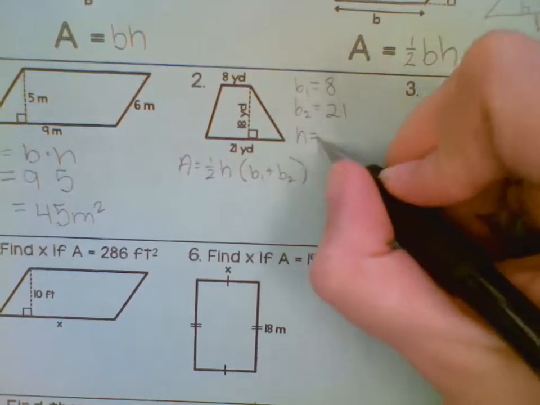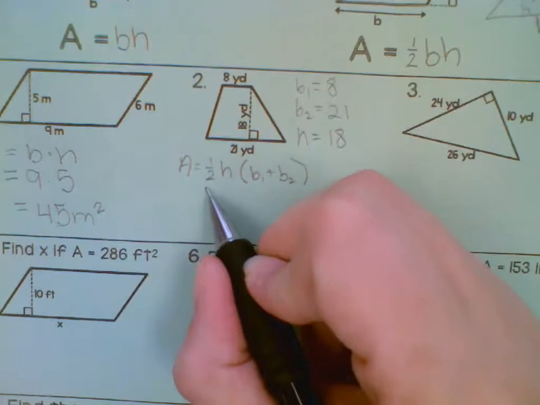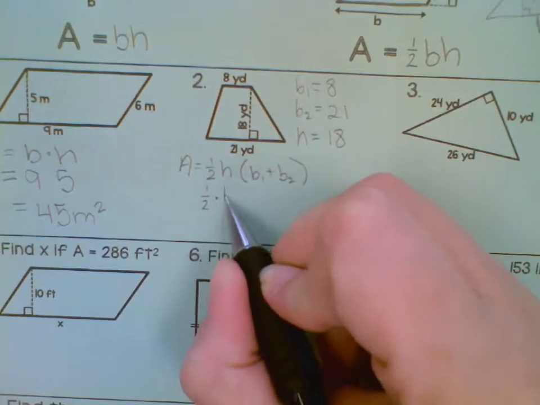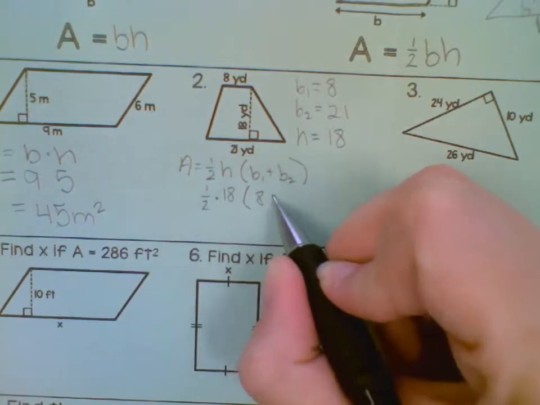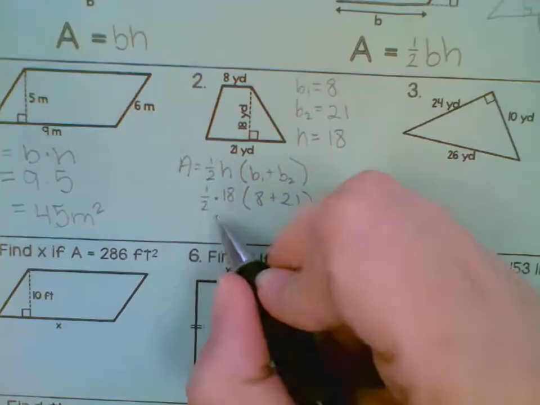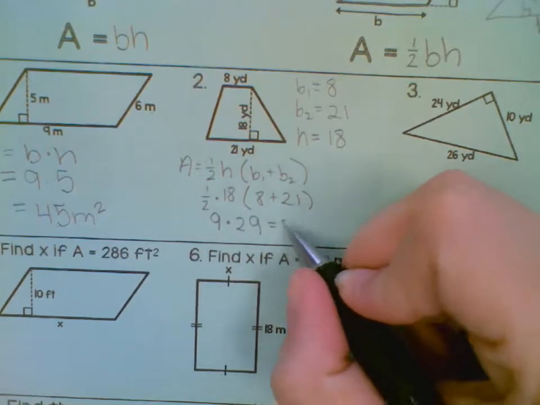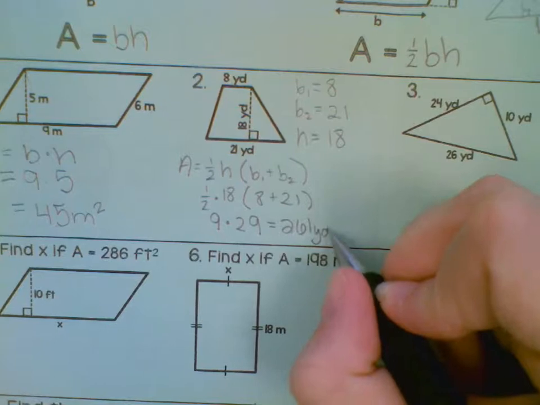And then my height is the perpendicular length. From there, we would just plug in all those numbers and do order of operations. So we'd have 1/2 times 18 times 8 plus 21. 1/2 of 18 is 9, and then 9 times 29 gives us 261 yards squared.